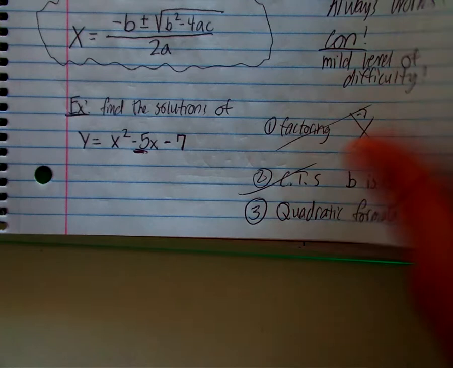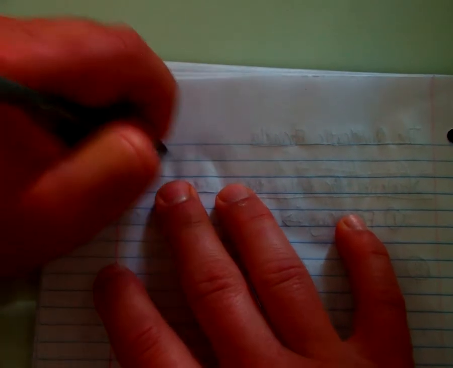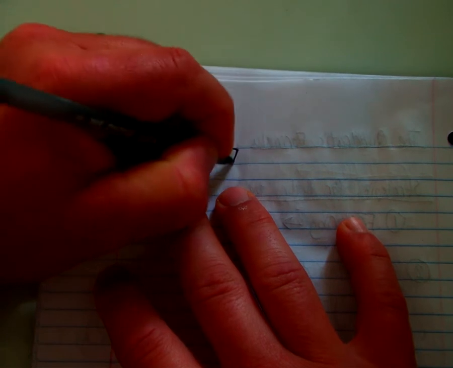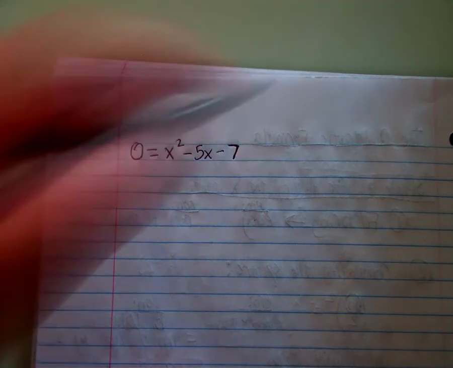Okay, so I'll show you how the quadratic formula works. So, like finding the x-intercepts to any particular equation, you set y equal to 0. Now, I do want to point out differences from completing the square and the quadratic formula.